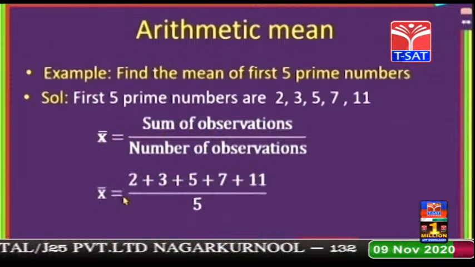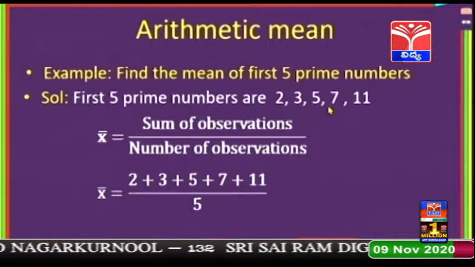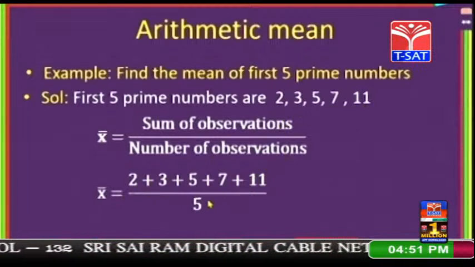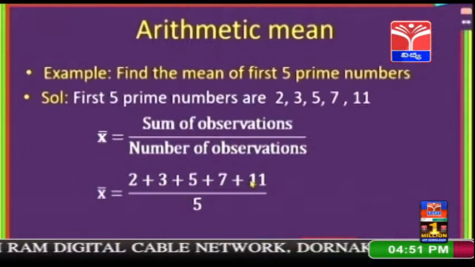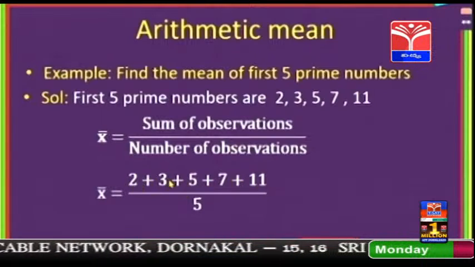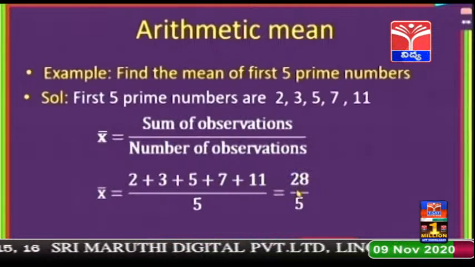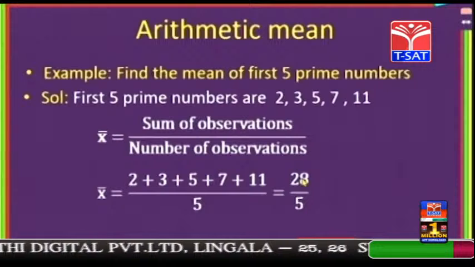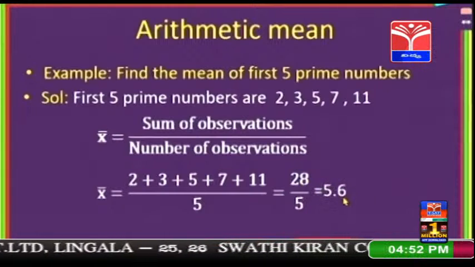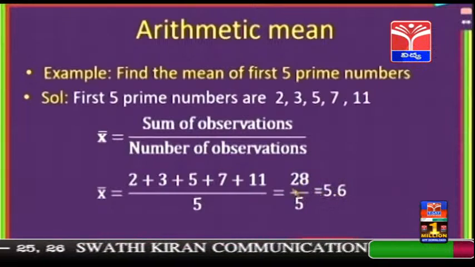So x bar is equal to 2 plus 3 plus 5 plus 7 plus 11 by 5. The sum of the numerator: 2 plus 3 is 5, 5 plus 5 is 10, 10 plus 7 is 17, 17 plus 11 is 28, so 28 by 5. After simplification we get 5.6. Like this we can find the arithmetic mean of given data.